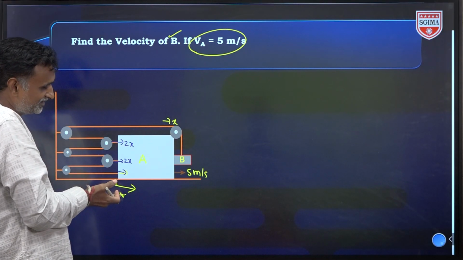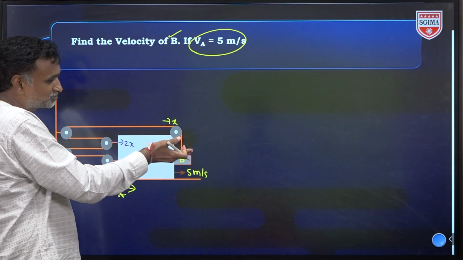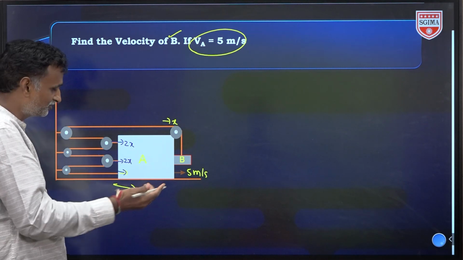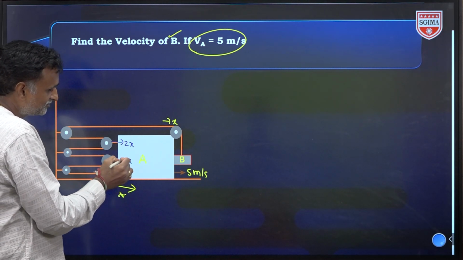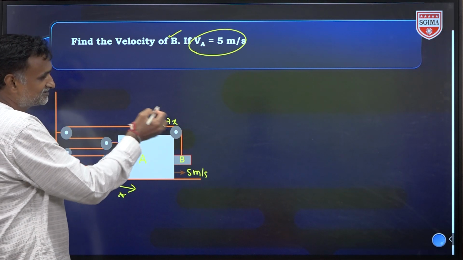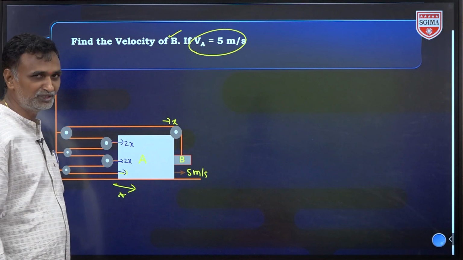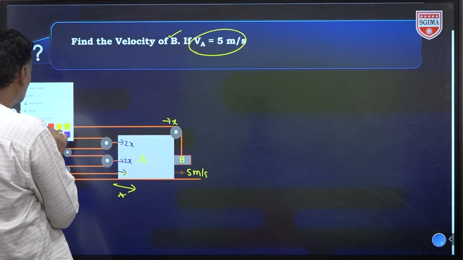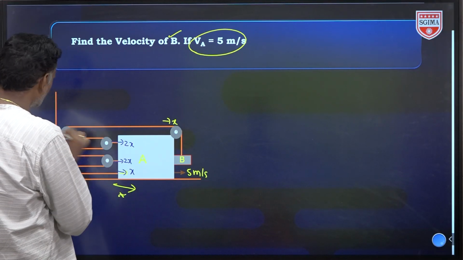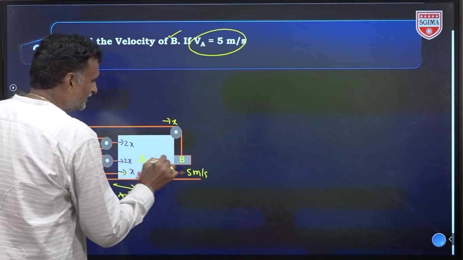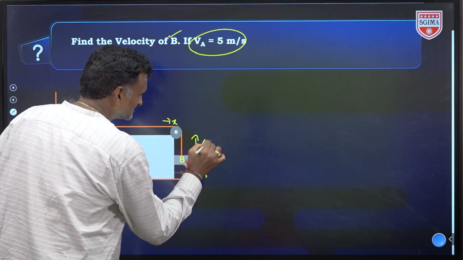Actually, to say this x, it is multiplied to raise the block B. Okay, you can count x, 2x, 2x, 5x plus x, total 6x displacement covered by block B. Okay? So that is what we can write here. This is x actually, so it is raised by 6x.